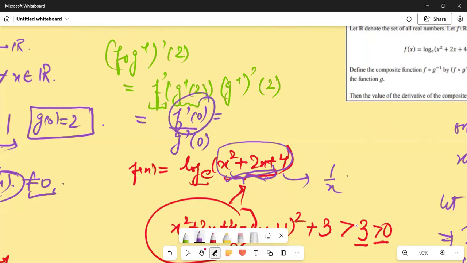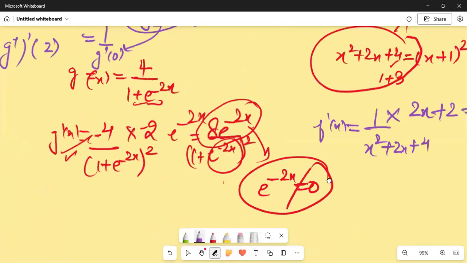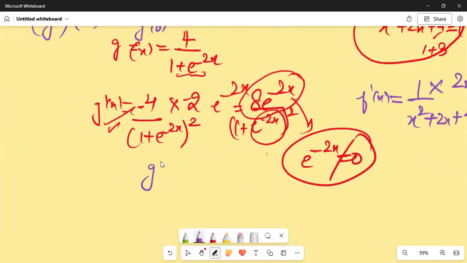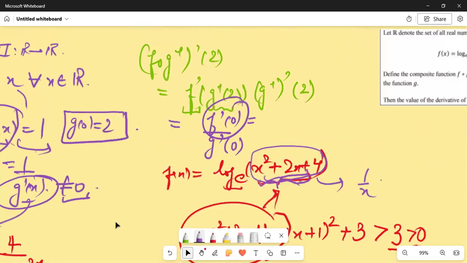If you find this by substituting 0 here, you get 1 by 2 for f prime 0. And for g prime 0, you get 8 upon 4, because this is 0, this is 1, and this is 2. So the square becomes 4 and you get 2. So this is half and this is 2. You get 1 by 4, which is nothing but 0.25, which is your final answer.